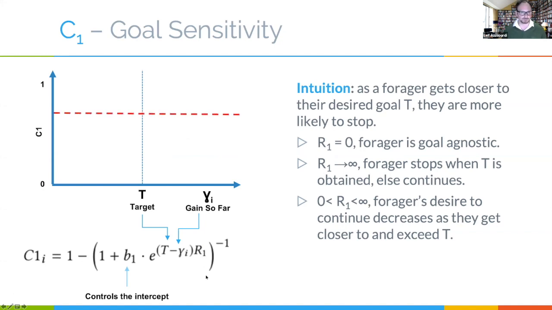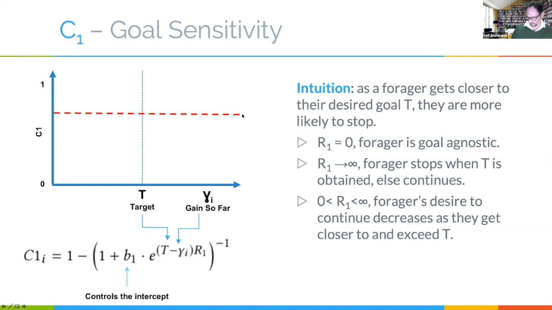And so what it basically looks like is that we can set this function so that the continuation probability is a constant. So regardless of how much gain I have got so far and the target, I will simply flip a coin randomly, right?